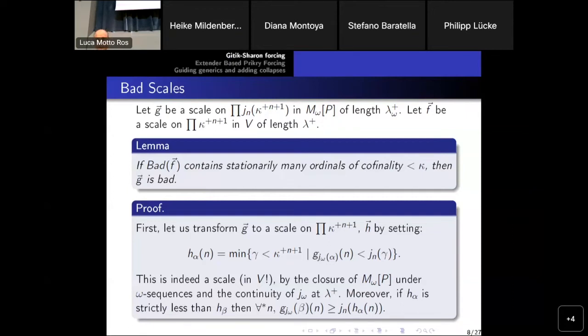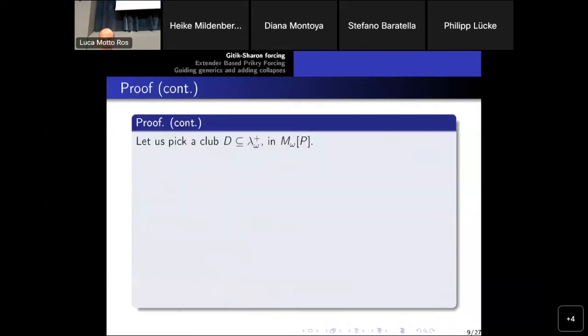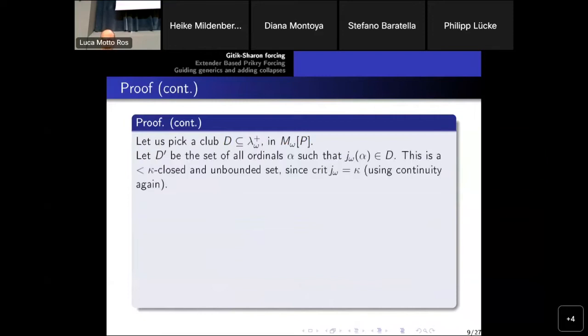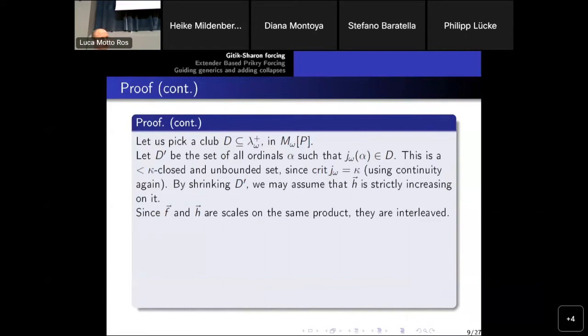Note that H might be constant on some intervals, and again, we don't quite care. We can always shrink it to be strictly increasing. Take some club D in M omega of T, and we can pull this club back to a less than kappa closed set in V by asking which ordinals alpha are going to be sent by J omega to this club D. And we can shrink it and make H strictly increasing on this less than kappa closed set.